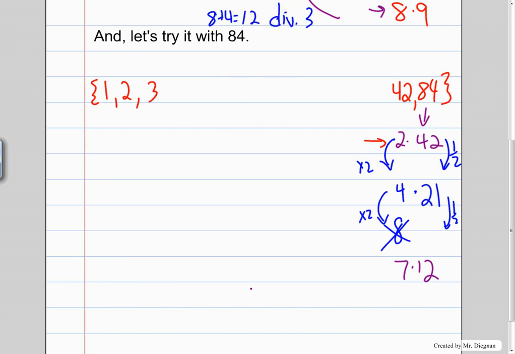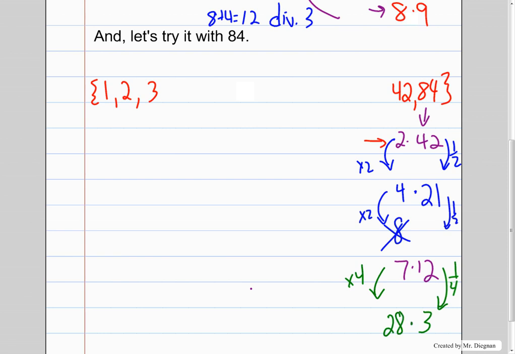How can I get from 12 to 3? I can divide it by 4, right? So then what should I do with my 7 then? Not double it. I've divided by 4, so the flip side is to multiply by 4. So I need to do 7 times 4, which is 28.